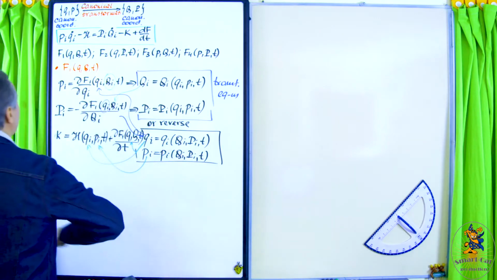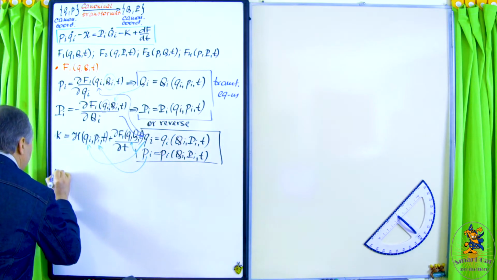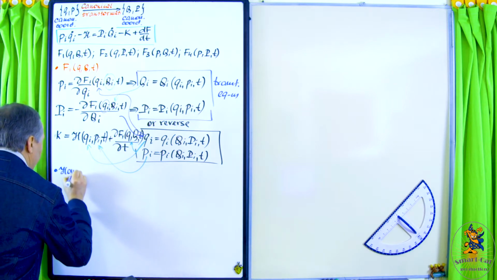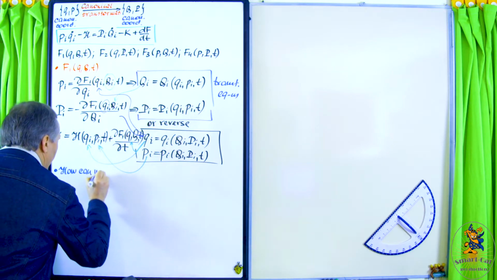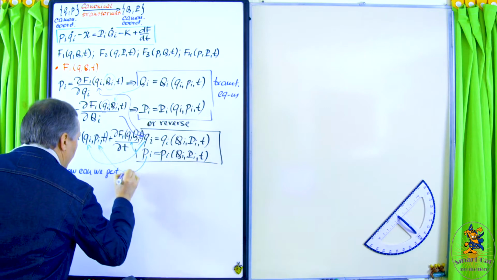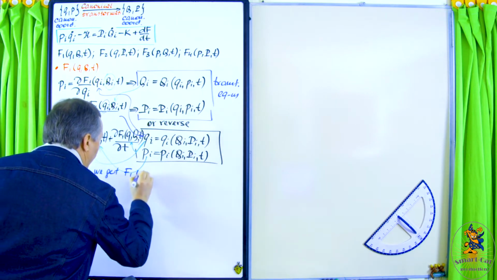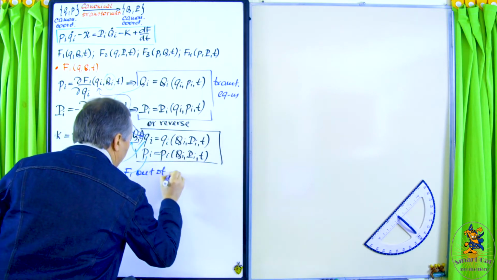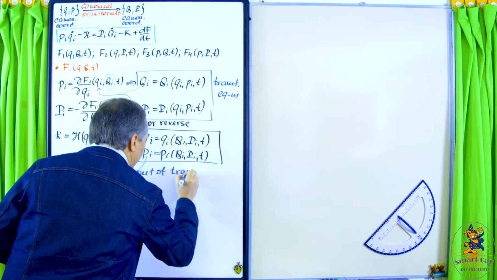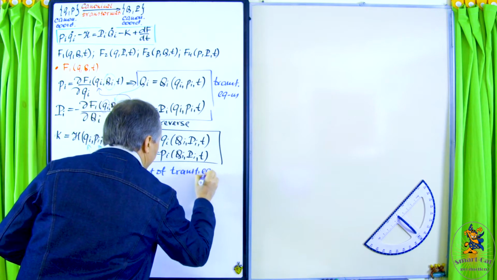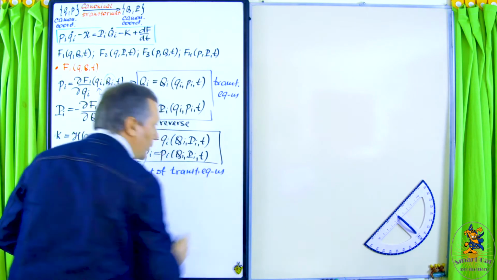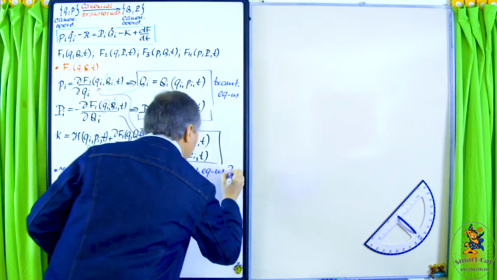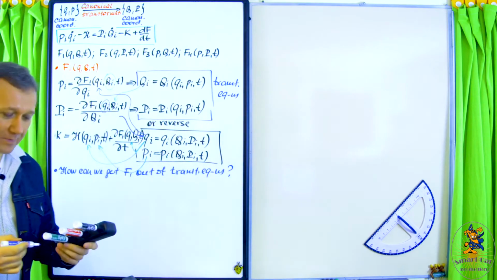Okay, let me write that. How can we get F1 out of the transformation equations? It's also possible.